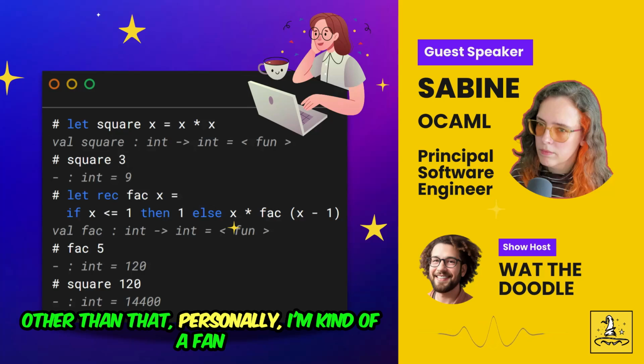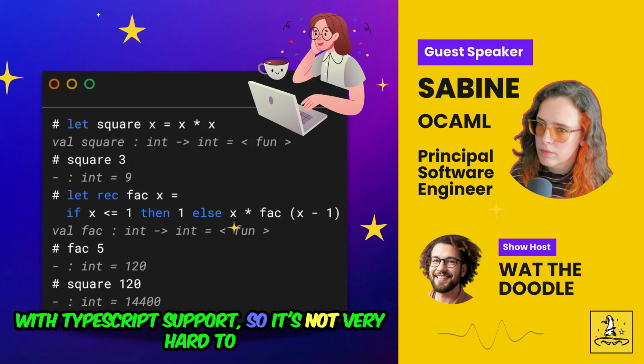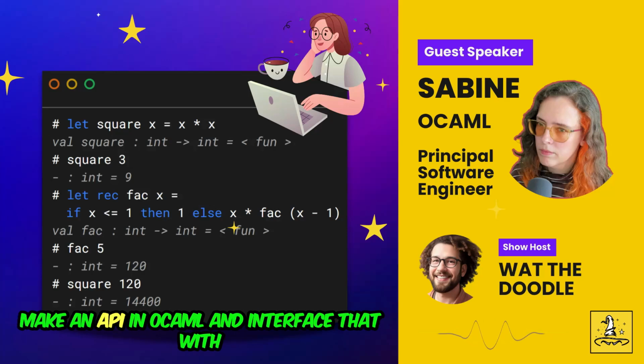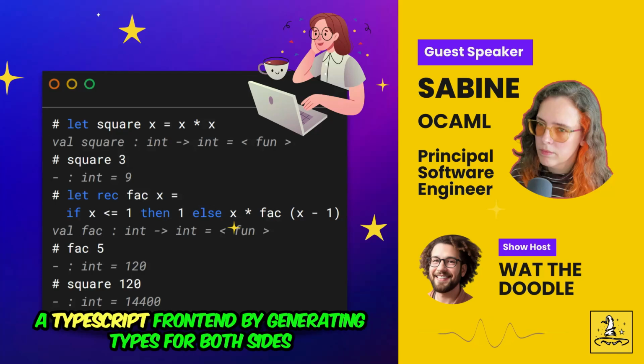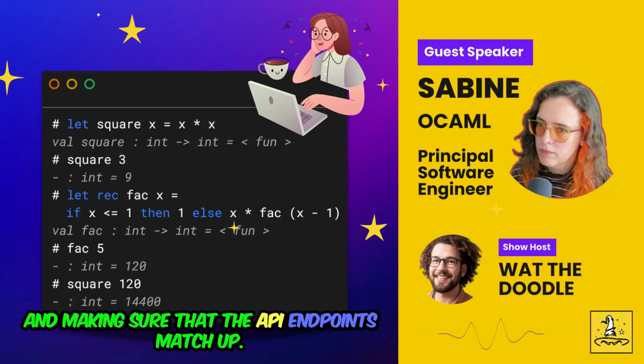Other than that, personally, I'm kind of a fan of frameworks like SvelteKit and Solid, and these come with TypeScript support, so it's not very hard to make an API in OCaml and interface that with a TypeScript frontend by generating types for both sides, and making sure that the API endpoints match up.